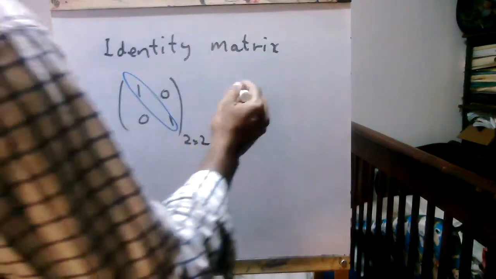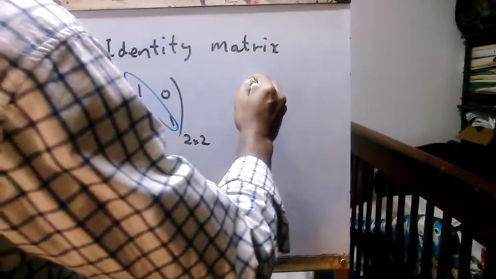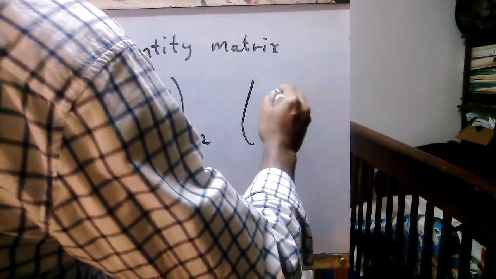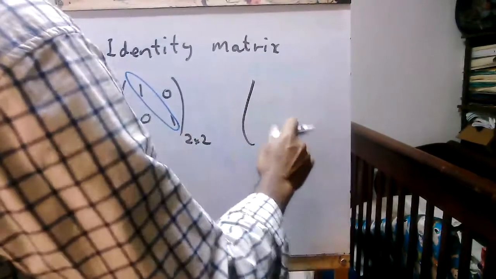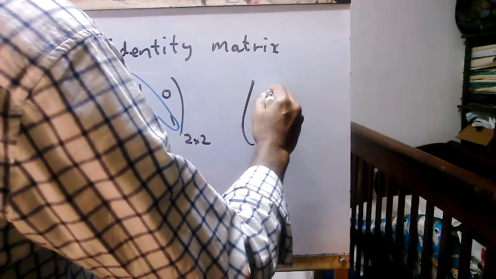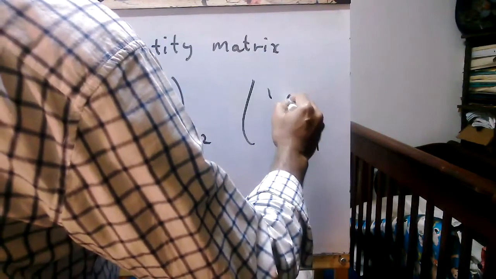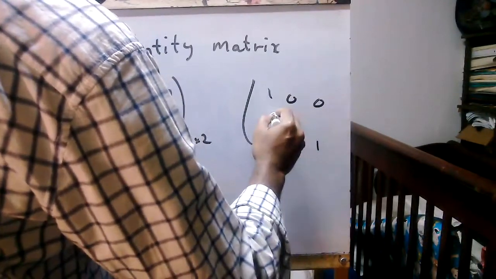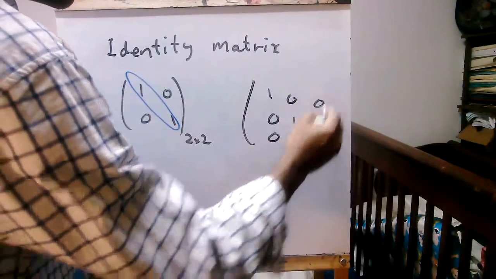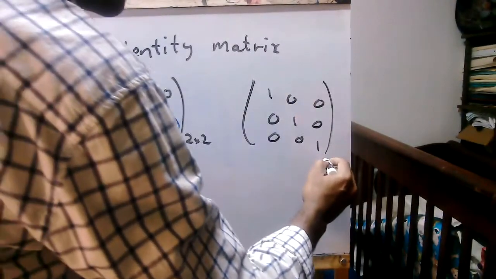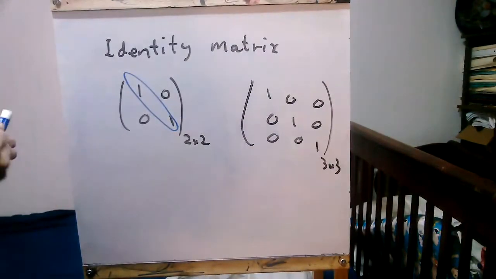Let's do another one, 3 by 3. It should have 3 rows and 3 columns. On the diagonal it is 1. Remark that everything else should be 0. This is a 3 by 3 identity matrix.